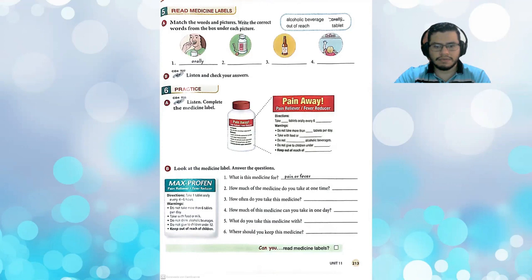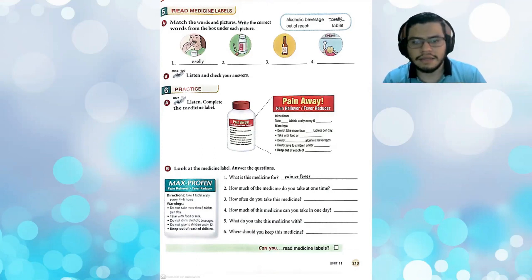The next one. Take with food or milk. Leche. The next one. Do not drink alcoholic beverages. Do not drink, D-R-I-N-K. Drink alcoholic beverage.